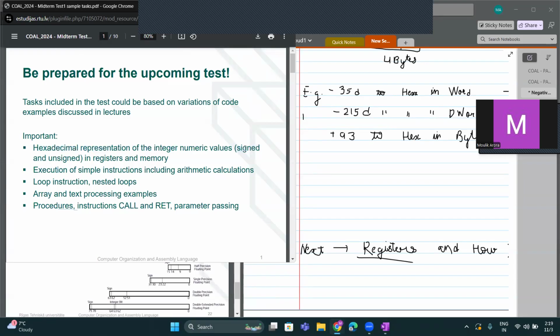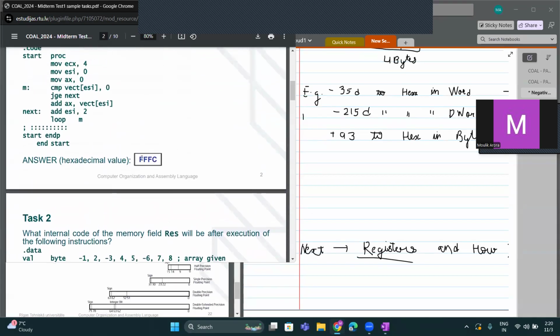Signed is minus, unsigned is without minus. So that's what we practiced a bit: what is hexadecimal and how we convert from decimal to hexadecimal. Now in the next video, I will explain registers in memory, how these hexadecimals are saved in registers in memory, and that's where we will get questions from.